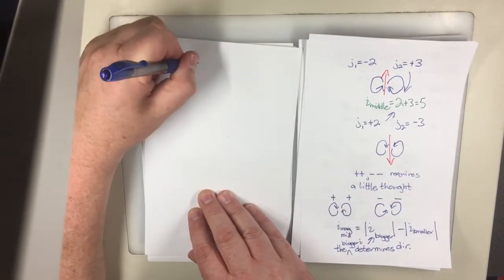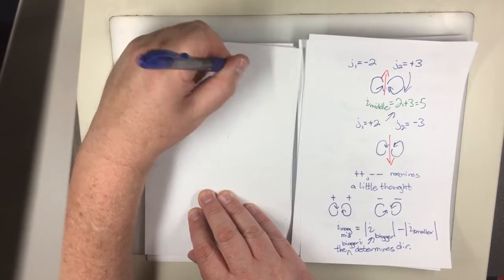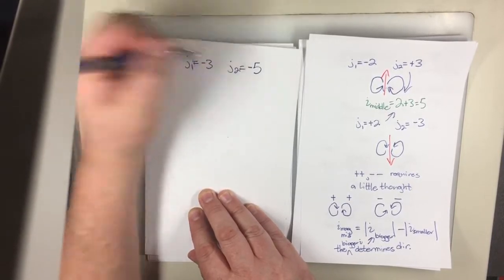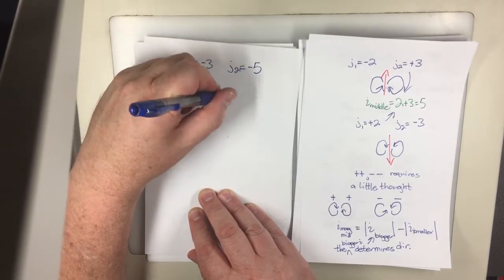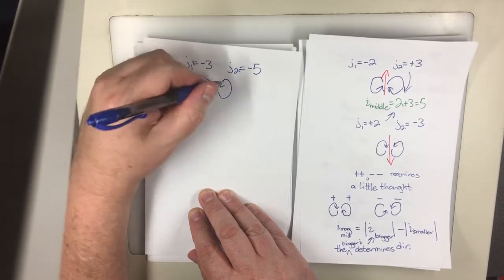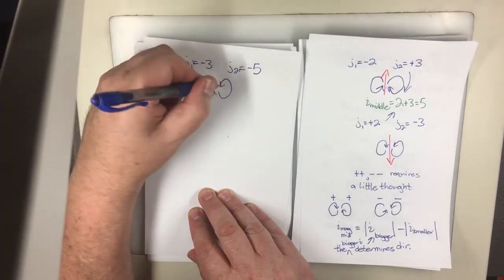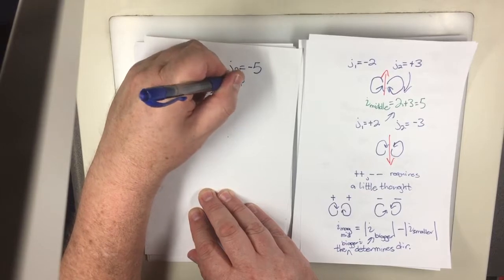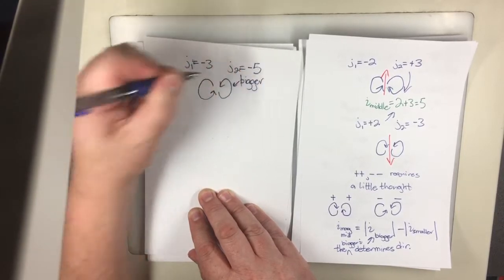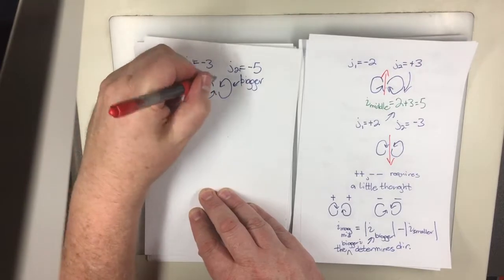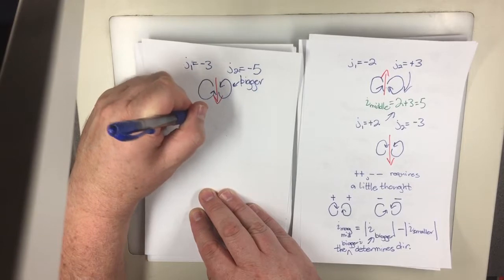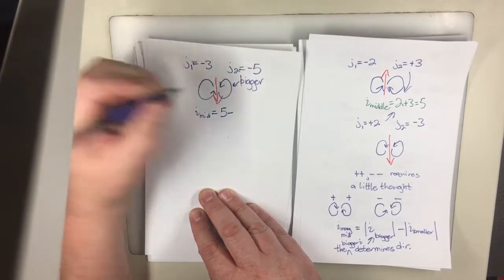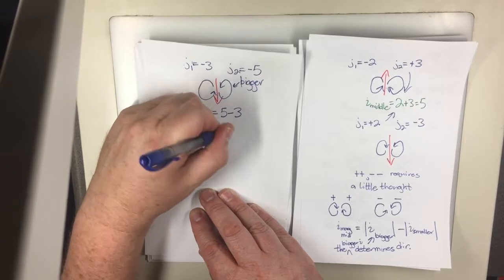So in the example of J1 equal to -3 and J2 equal to -5, J1 is -3 like this, J2 is -5 like that. This is the bigger one. So the current goes top to bottom, which means that the current through the middle is equal to 5 minus 3, or 2 amps.